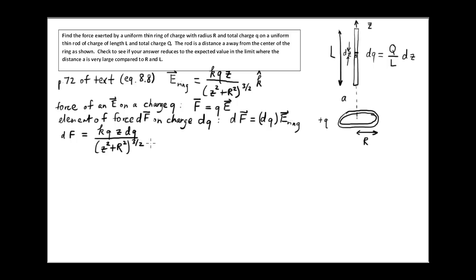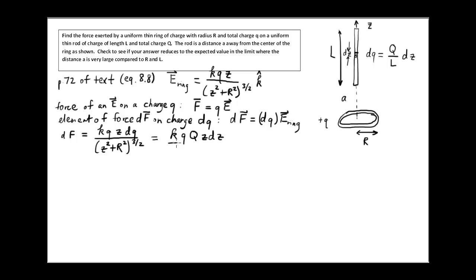And now I can take the expression for dq, the charge element, and plug it into the equation as well. So when I do that, I get k little q big Q z dz.